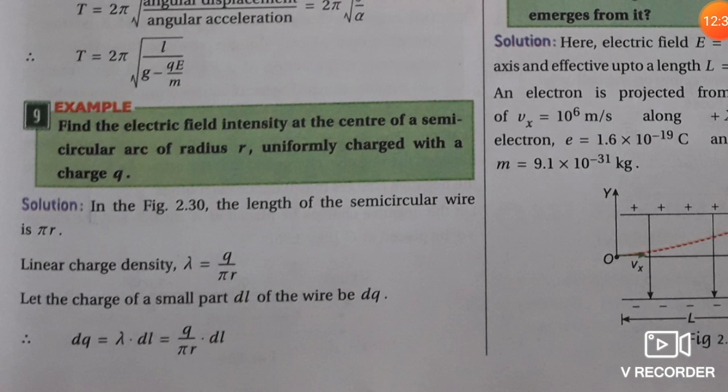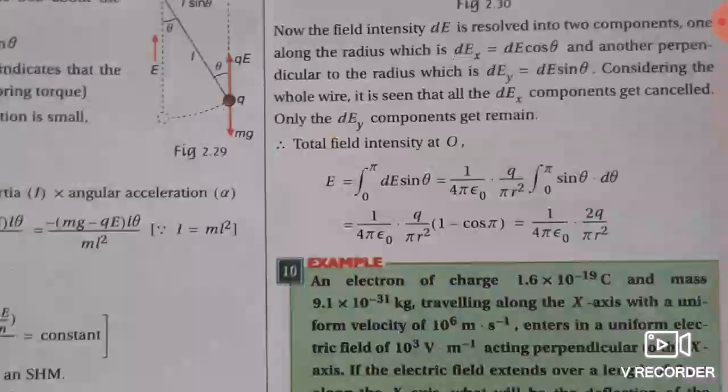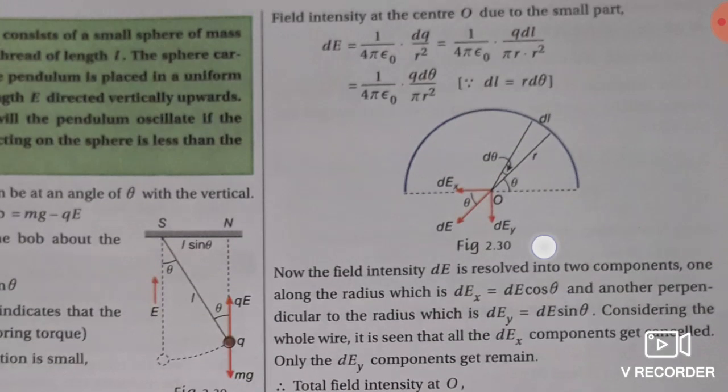So we can see in this picture that lambda is equal to q by pi r, and the charge on a small part dl of the wire is dq equal to lambda into dl, that is q by pi r into dl. Then the electric field intensity at O due to the small element dl is dE equal to 1 by 4 pi epsilon 0 times dq by r square.